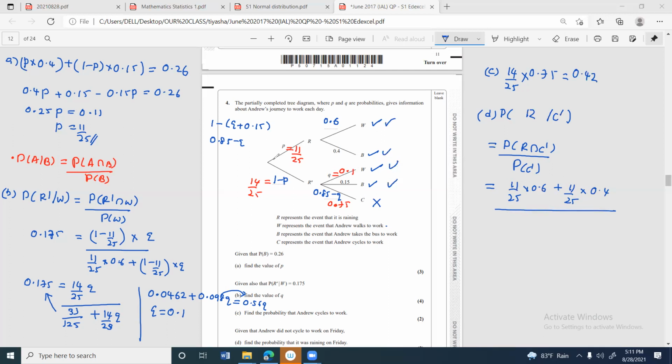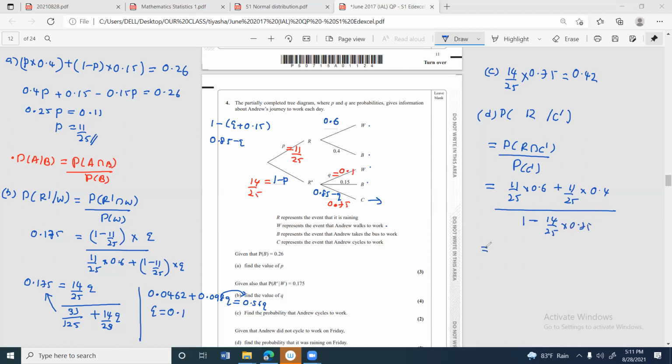Rather than adding all of them, we know that if you add all these probabilities together, it equals 1. So out of 1, if you remove this part, you get the rest of the probabilities. That's a simplification we do for convenience.